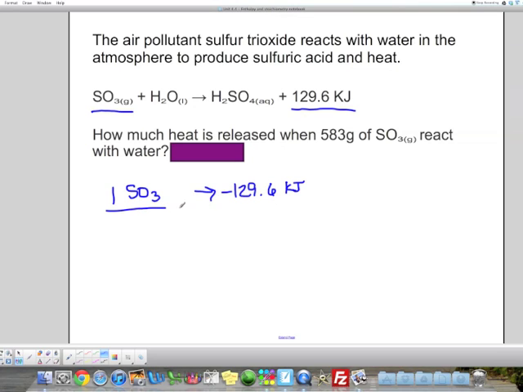They're asking me how much energy will be released if 583 grams of SO3 reacts with the proper amount of water. So how many moles do I have here? I have 583 grams divided by its molar mass, which is 80.062 grams per mole.